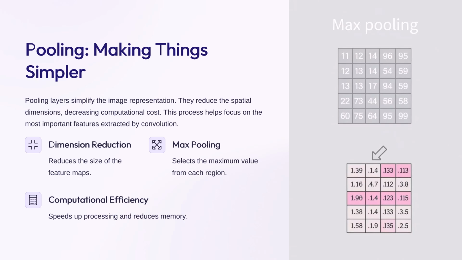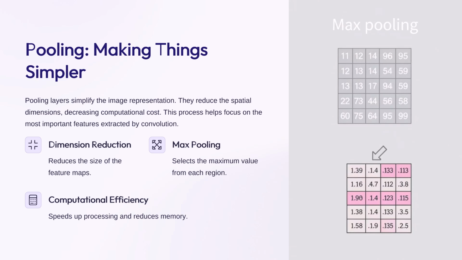So after convolution, we use something called pooling. Why? Because the feature maps are still too big and have too much detail. Pooling helps make them smaller and simpler, but keeps the most important information. The most common type is max pooling.